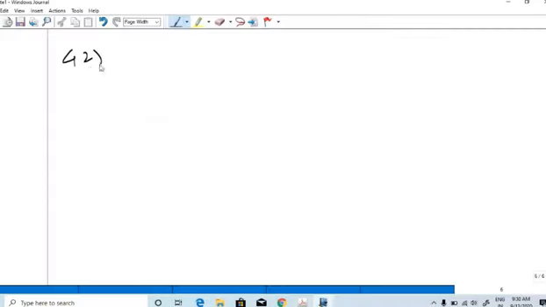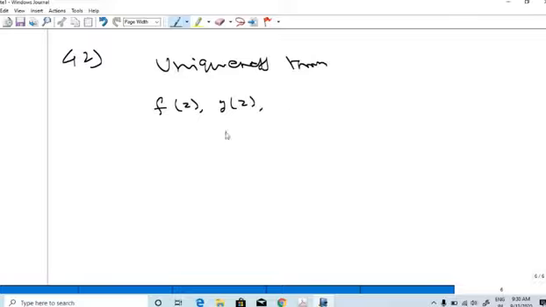So the uniqueness theorem. The uniqueness theorem says, suppose two analytic functions, not entire functions, two analytic functions f and g. Suppose we collect all the z such that f of z equal to g of z. Okay, maybe we call it S. So S equal to the set of all z with the condition that f of z equal to g of z.